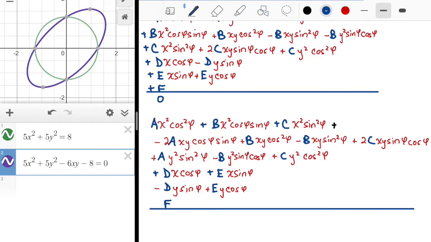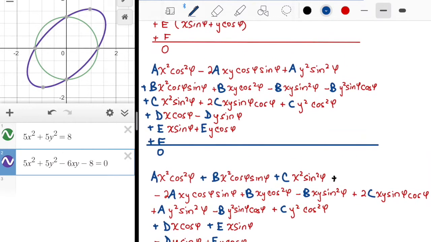Alright, and this is where I find out that I missed something, so let me just go back and double check. 1, 2, 3, 4, 5, 6, 7, 9, 10, 11, 12, 13, 14, 15. So 15 components. 1, 2, 3, 4, 5, 6, 7, 8, 9, 10, 11, 12, 13, 14, 15.